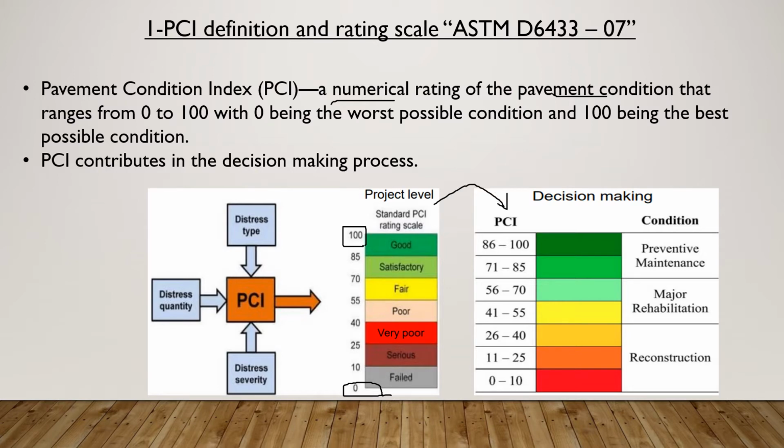For example, if your PCI is between 71 and 100, you will apply the preventive maintenance techniques. If it's between 41 and 70, it means your road requires major rehabilitation. And from 0 to 40, it means your road requires reconstruction from the base level.